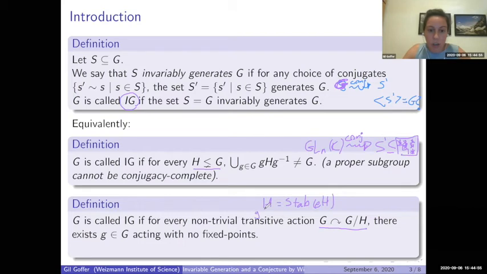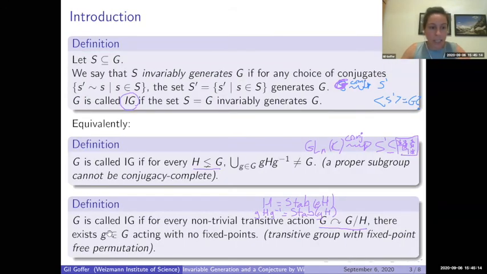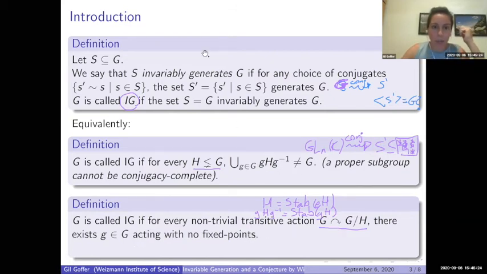And each conjugate of H is nothing but the stabilizer of some other coset. So saying that the conjugates of H do not cover G is exactly saying that there exists an element in G acting with no fixed point, so it does not belong to any of the stabilizers.